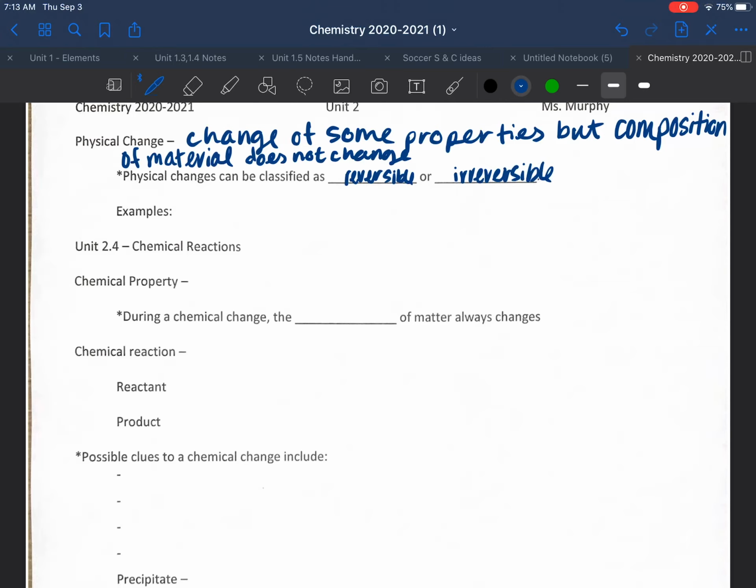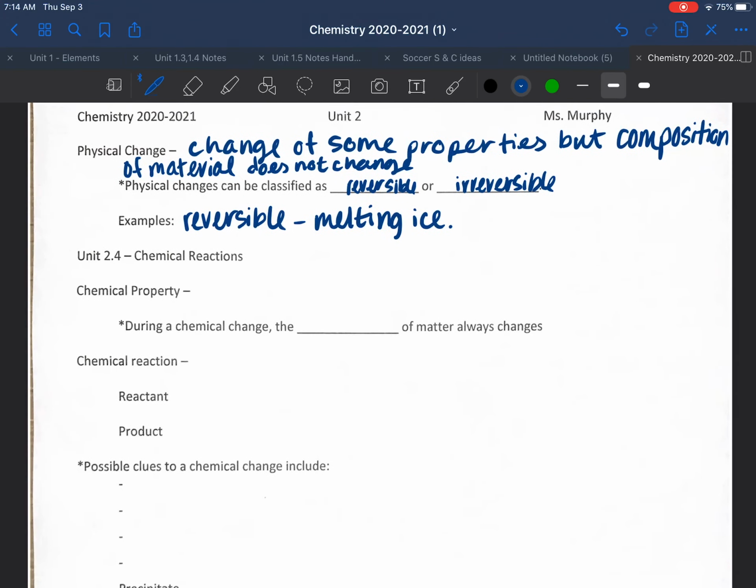And so examples of this would be a reversible physical change would be like melting ice. This is because you can refreeze the water. So just because you melted the ice cube doesn't mean that you're unable to refreeze it. So it's reversible. What you did can be reversed.